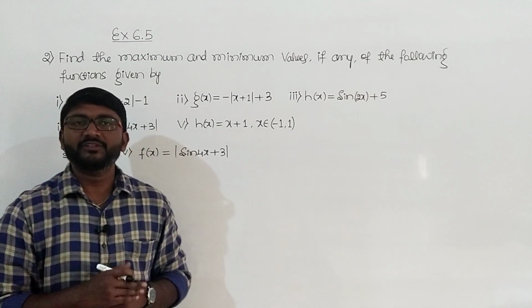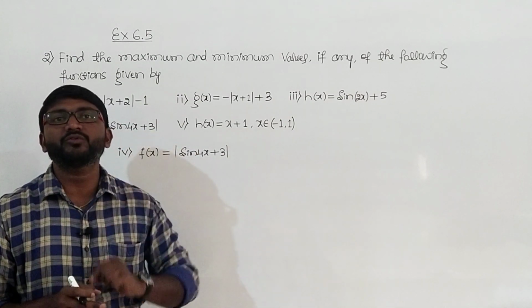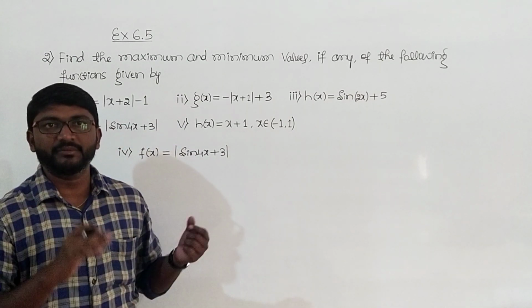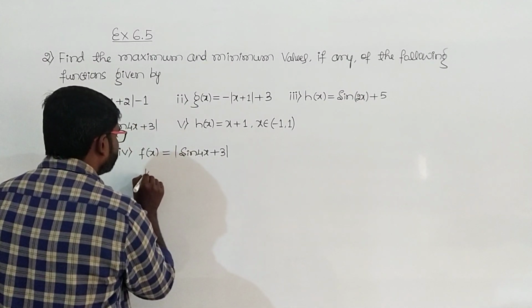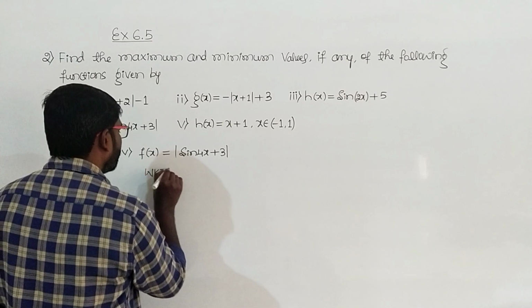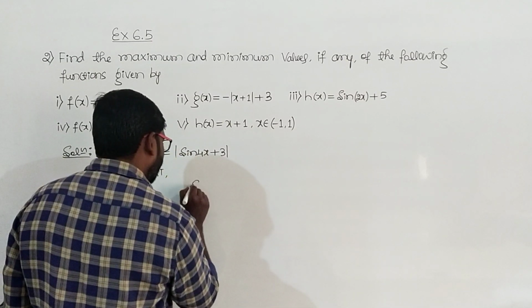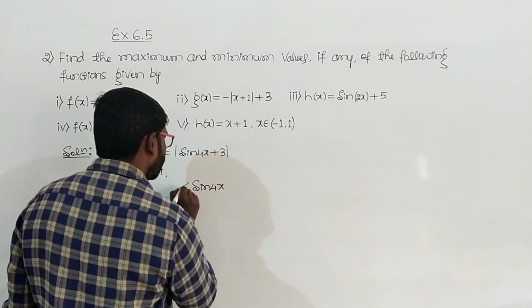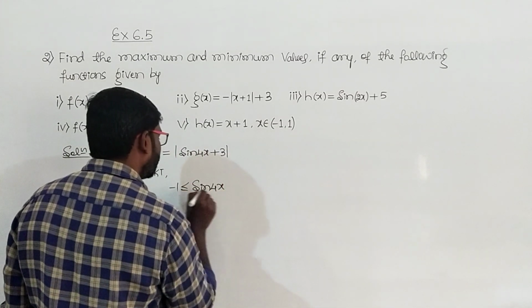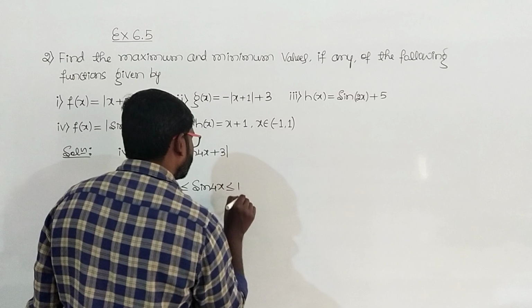Now we all know that sin 4x is greater than or equal to minus 1 and less than or equal to plus 1, because that is the range of sin function.